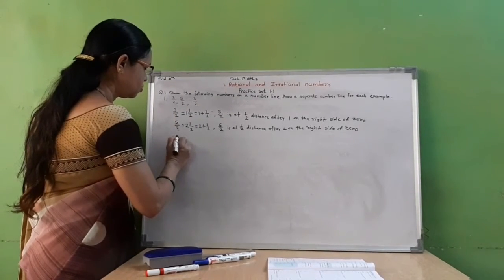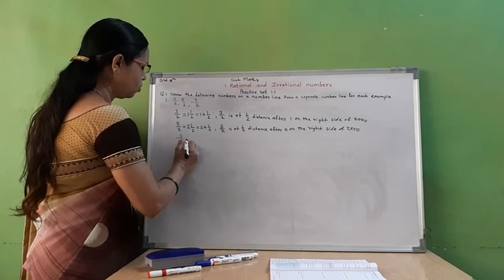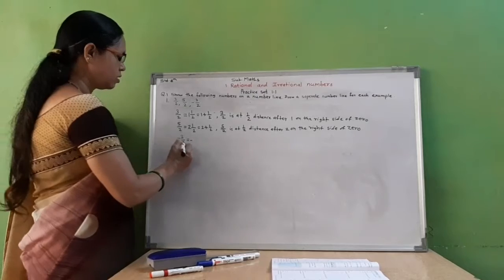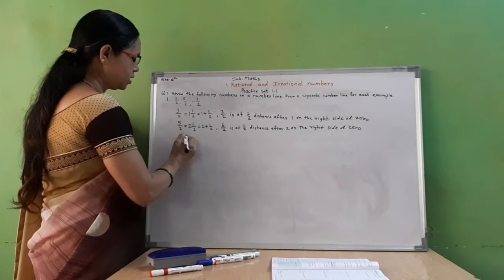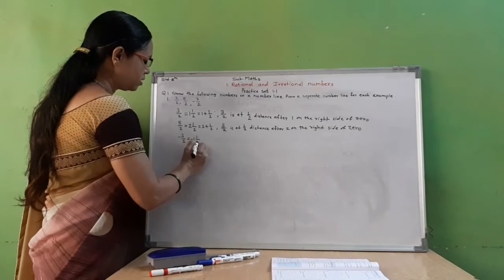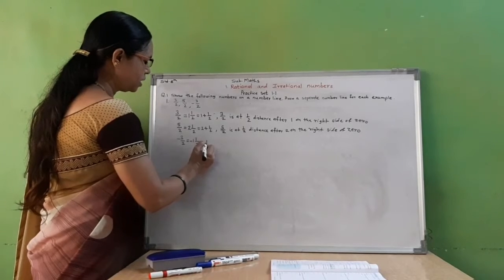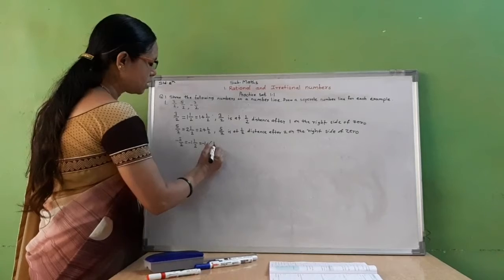Minus 3 by 2. Convert minus 3 by 2 into whole number fraction. Minus sign is there. 2 1s are 2. 3 minus 2 remains 1. Denominator as it is. It can be written in addition form, minus 1 plus minus half.